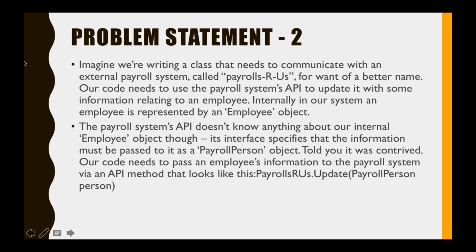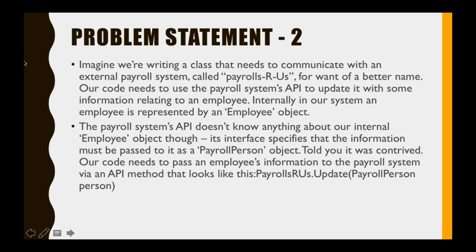So the payroll system wants to get information from companies in the form of their object, and the client companies like Amazon have the information about their employees in their object, kind of a thing.